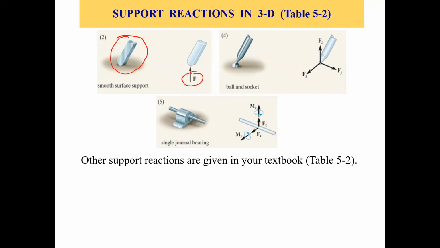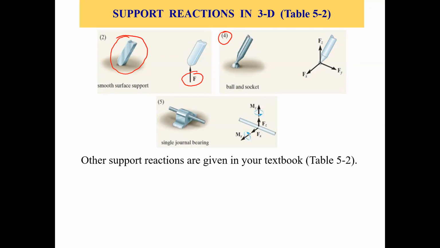Now, if you look at this number 4, on the top right side, we have a ball and socket joint, right? So as we saw in the last slide, this kind of support restricts the move in all three directions, right?